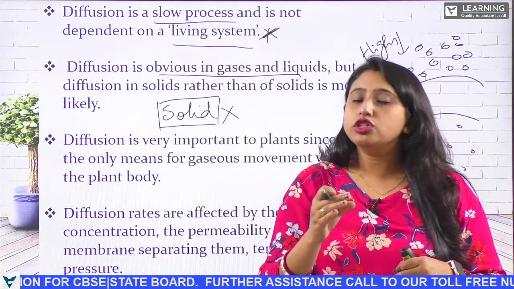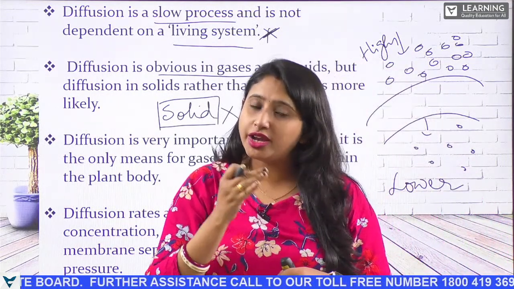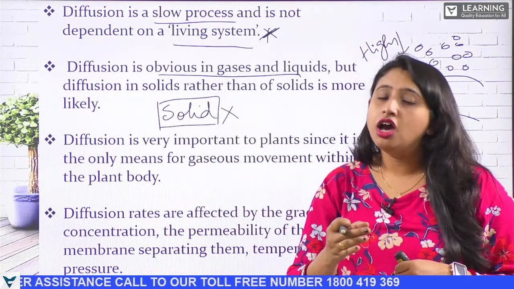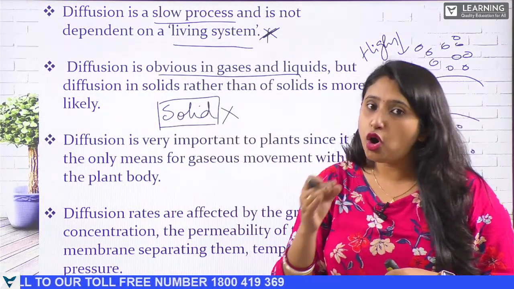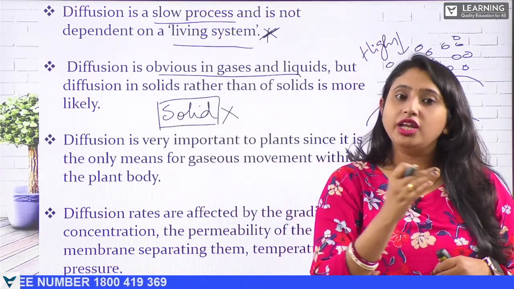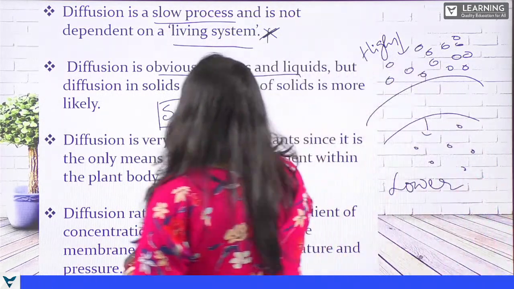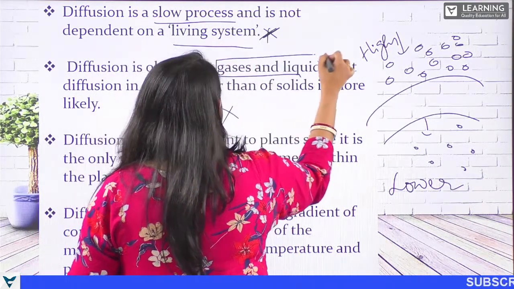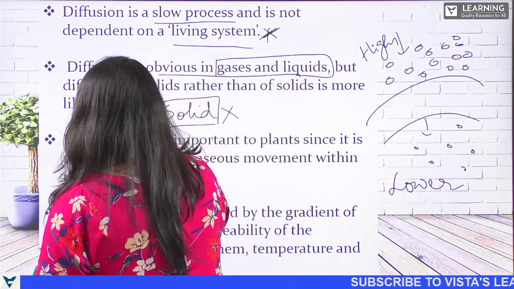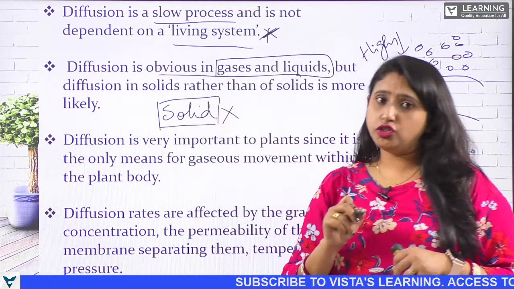It is very, very essential in plants for gaseous transportation, that is, in case of respiration. So diffusion plays a very important role in plants, and it takes place only in case of gases and liquids. So yes, clear up to this.